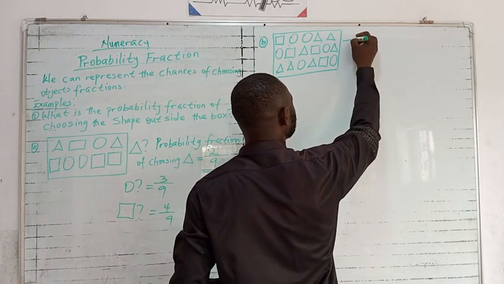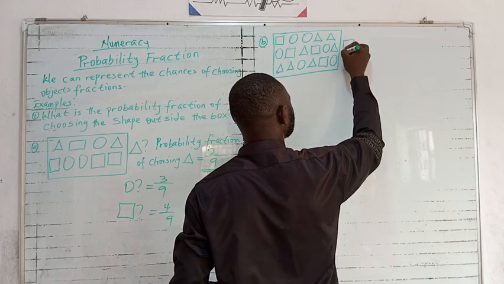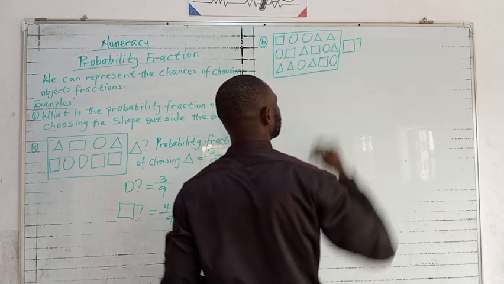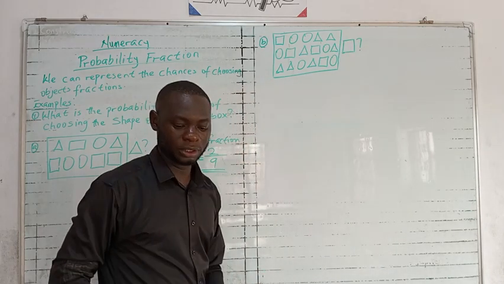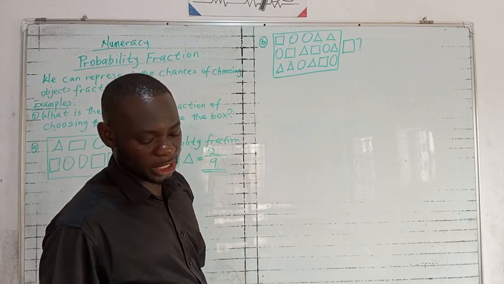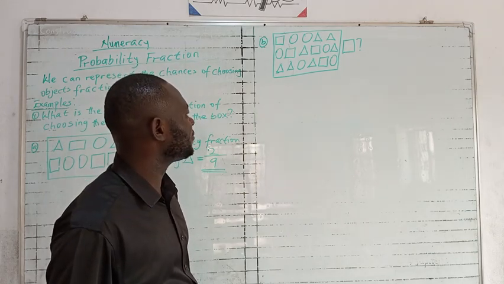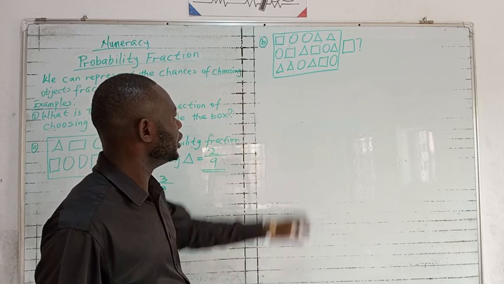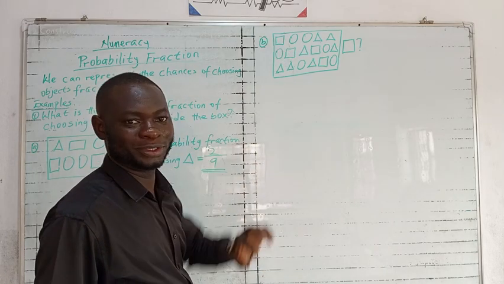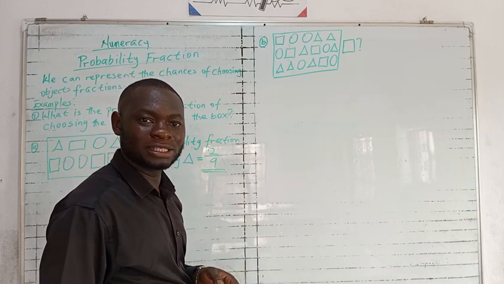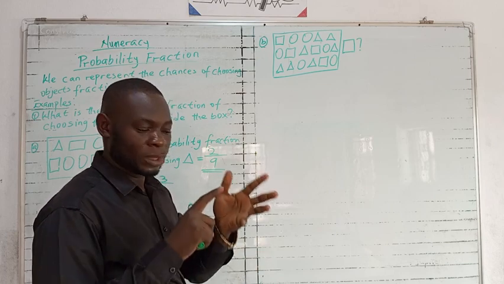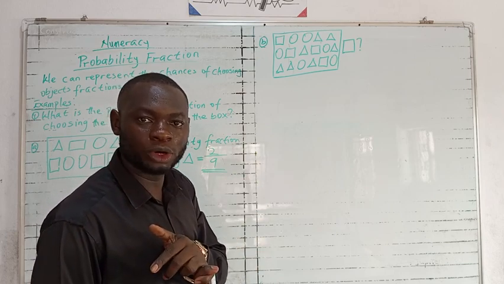I'm now looking at the probability fraction of choosing a rectangle. So the question says, what is the probability fraction of choosing a rectangle? First thing to find is how many rectangles are inside the box.